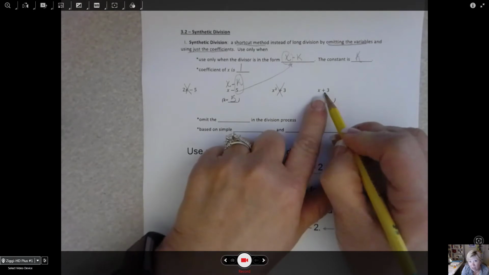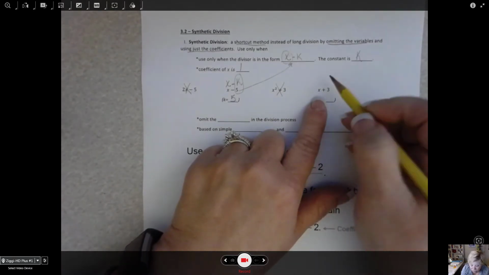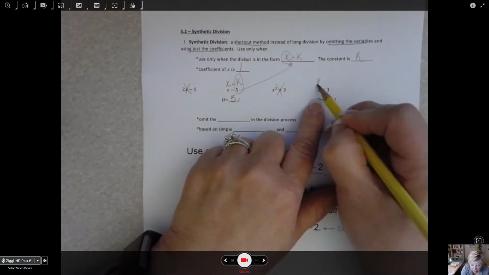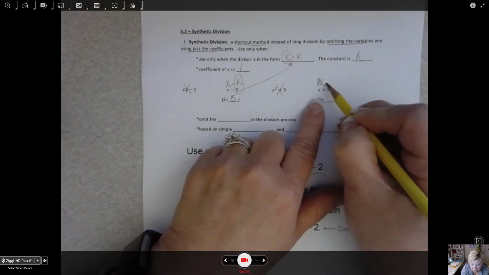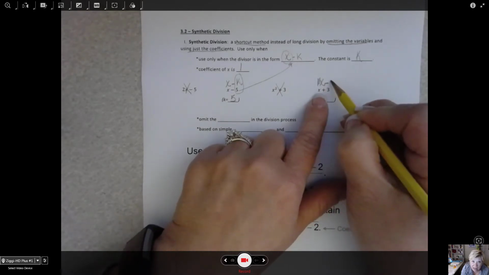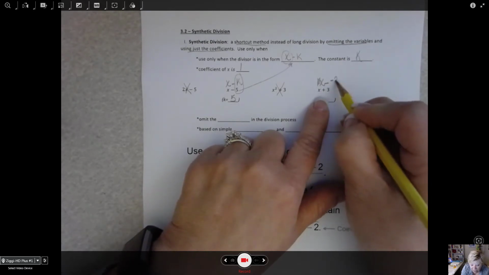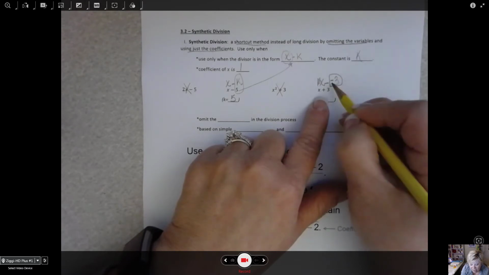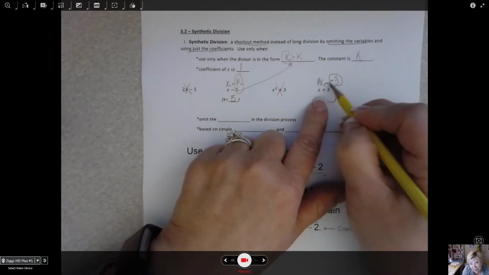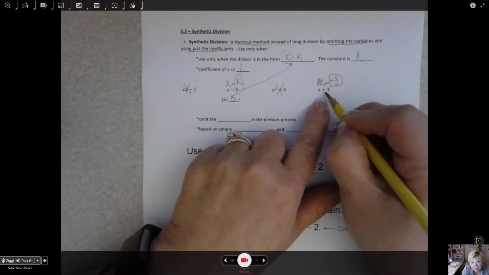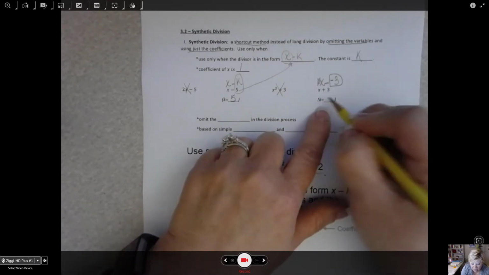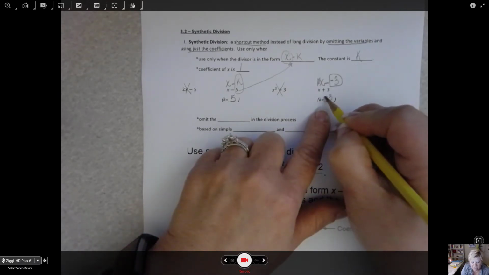However, here we have a plus. Well, we know from algebra that a plus is the same thing as minus a negative. So if our k value here would happen to be negative 3, and x minus a negative 3 ends up being plus 3, our k value would be negative 3.